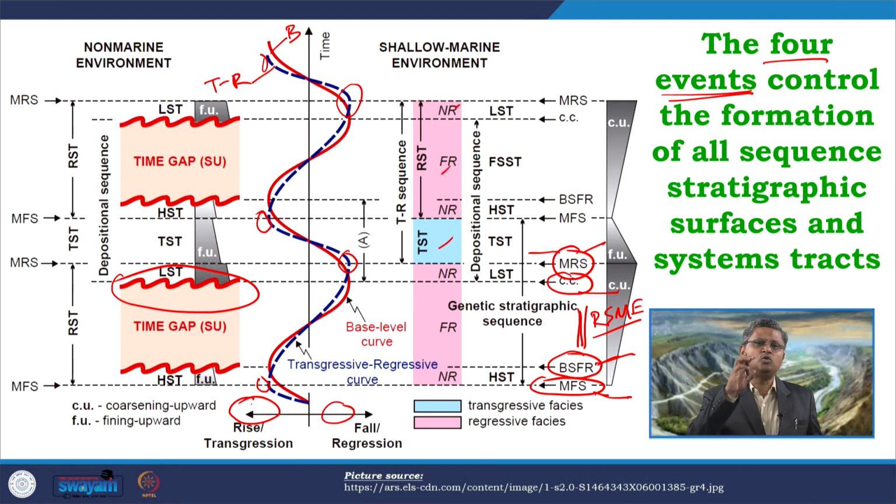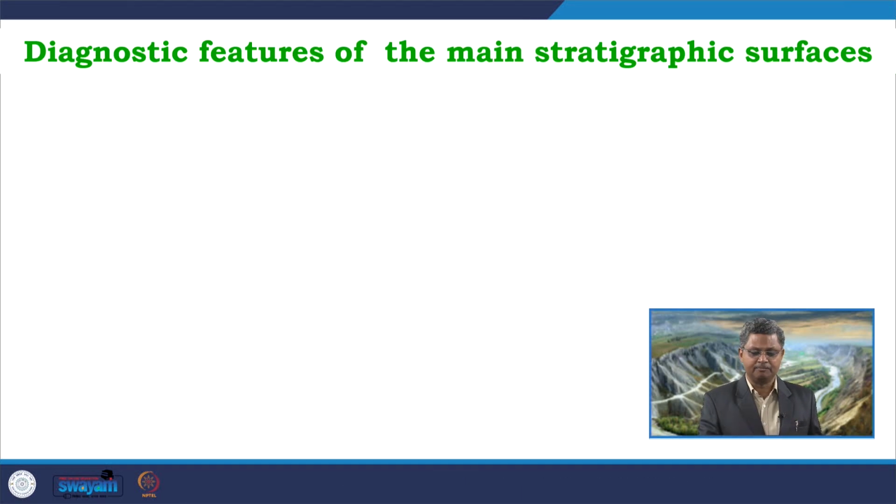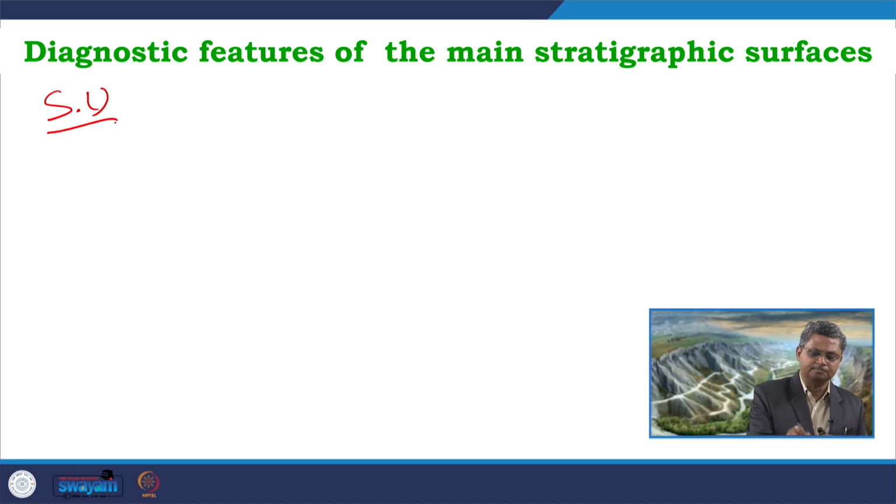But if I just want to summarize how we can identify them, what are the basic criteria? Say, for example, the subaerial unconformity. If I look at the nature of the surface, it is an unconformable surface.